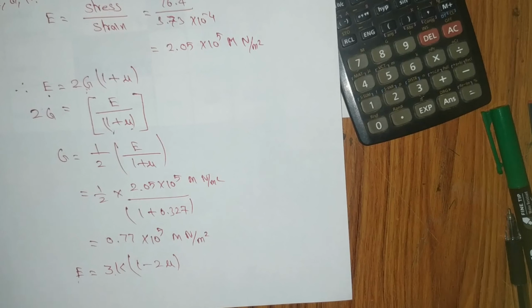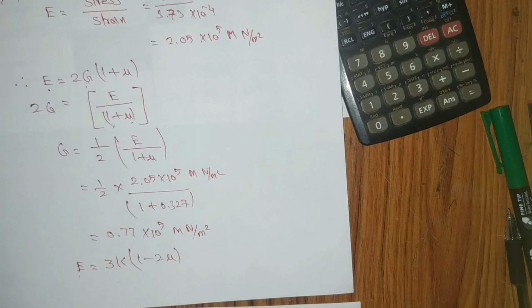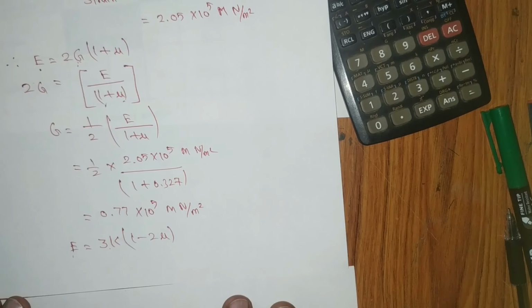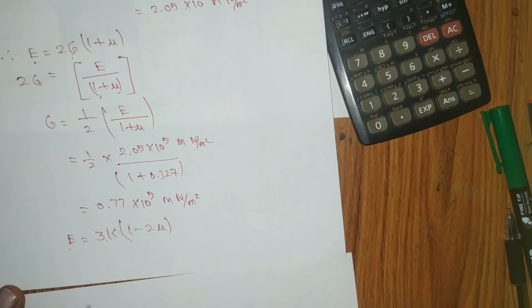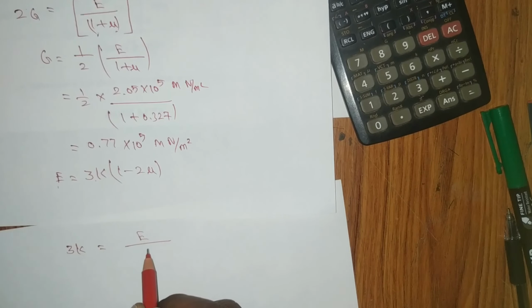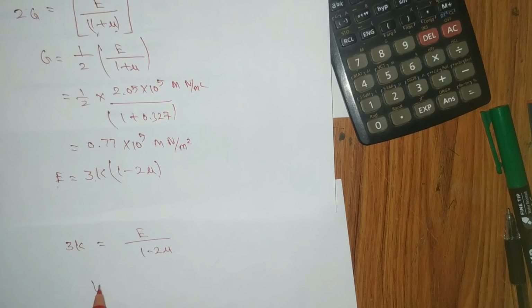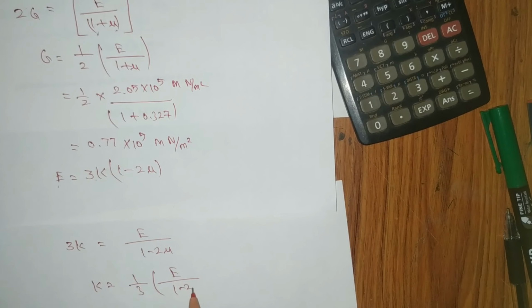Now you apply the E value, K value and mu value. For that we keep 3K equal to E divided by (1 - 2 mu). We need only K, so K equal to 1 by 3 times E by (1 - 2 mu).